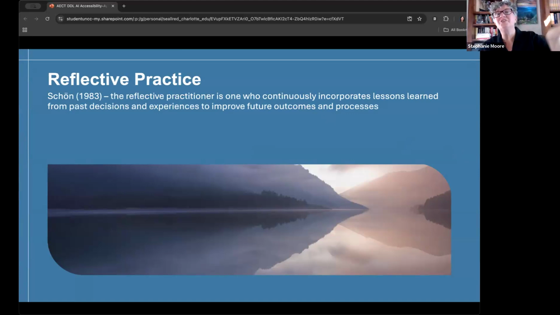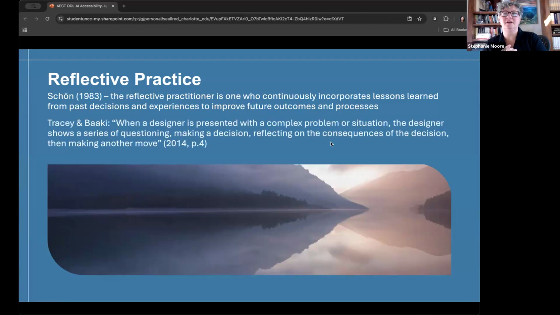The reflection in action is the most interesting loop. He describes that as where the designer is engaging in a conversation with the design, with the product that you're working on in process, and you're trying to fold things in as you learn through that conversation with your design to iterate on that and to improve that.